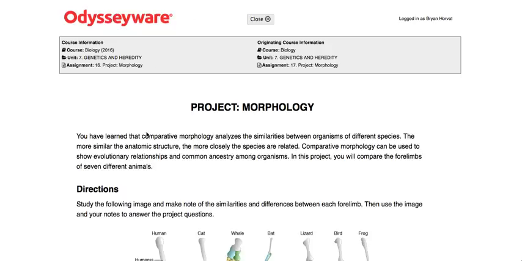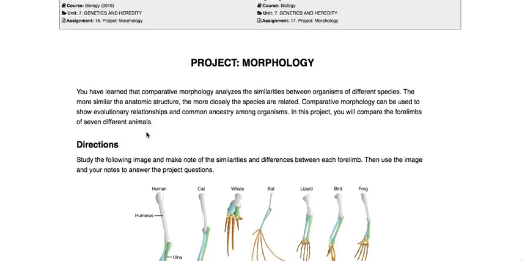So the Morphology Project states that you've learned that comparative morphology looks at similarities between organisms across different species. The more similar the anatomical structures of these organisms are, the more closely related they are.